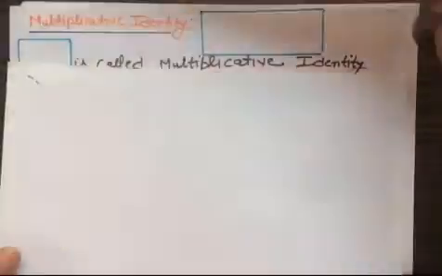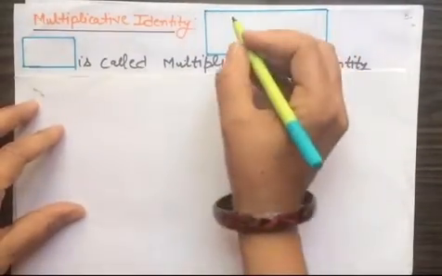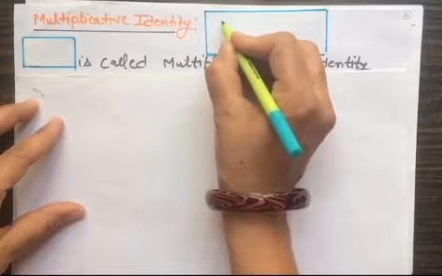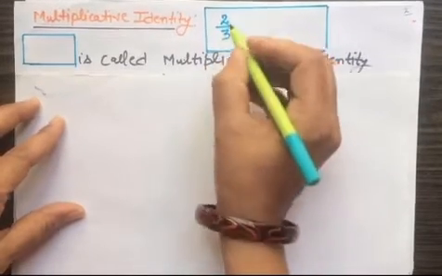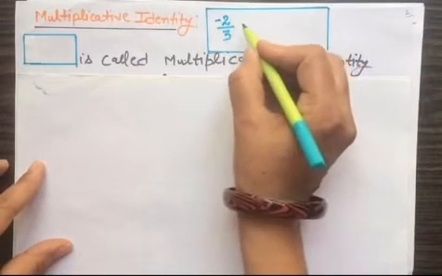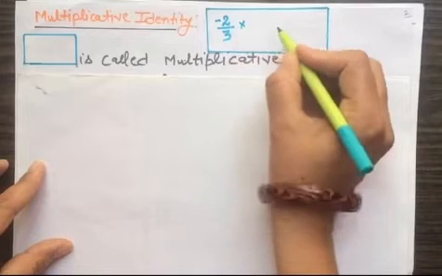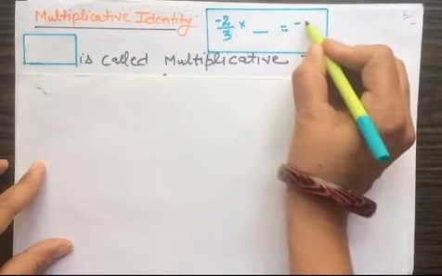multiplicative identity. If I write another rational number -2/3, what should be multiplied to this number so that the number remains same?